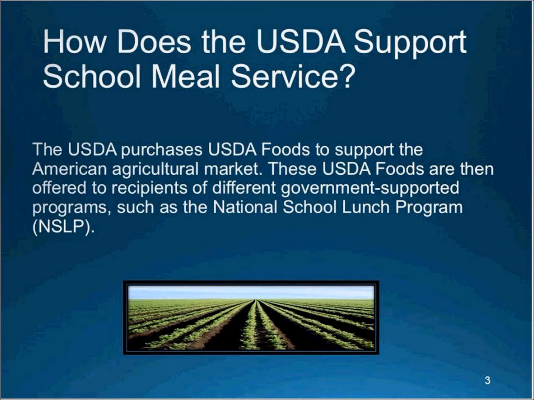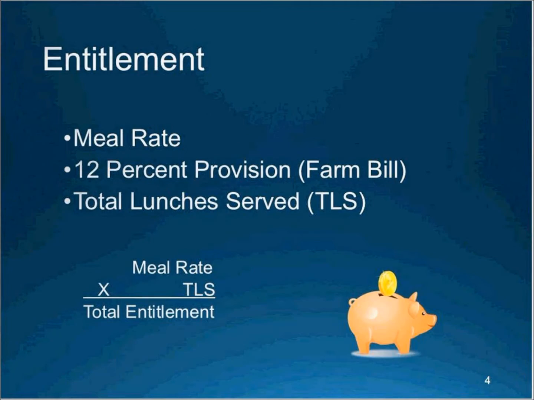USDA Foods support the dietary guidelines for Americans, adhere to high food safety standards, often surpass industry standards, and help schools comply with USDA's meal pattern requirements. Nationally, the USDA purchases over $1.3 billion worth of USDA foods.